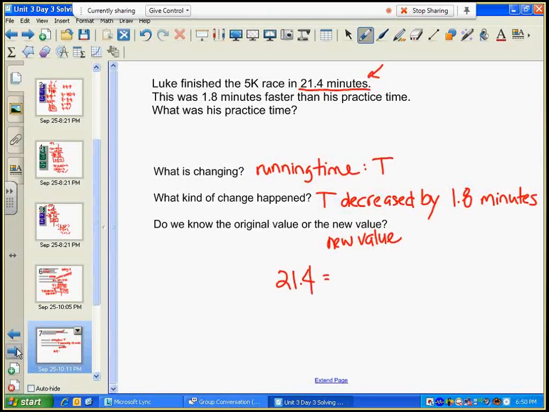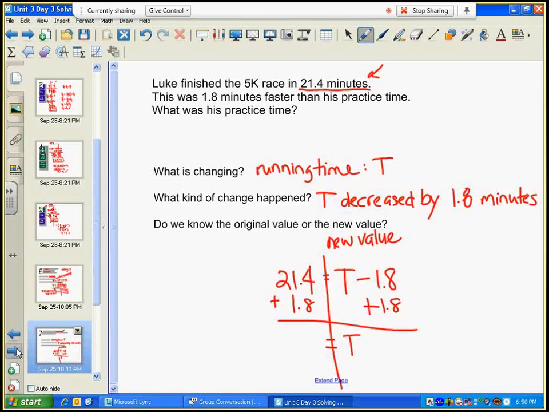And that's going to be the original value, which I don't know what that is, decreased by 1.8 minutes. So I'm trying to figure out what the original time was. So that means I'm going to have to add 1.8 to each side. And so this will be T on this side, T equals, let's add 1.8 to each side.